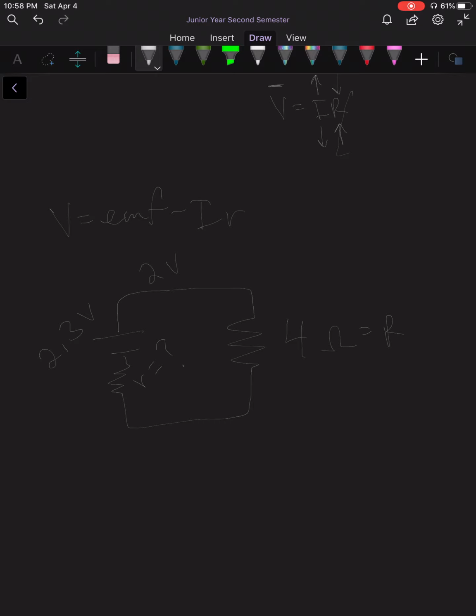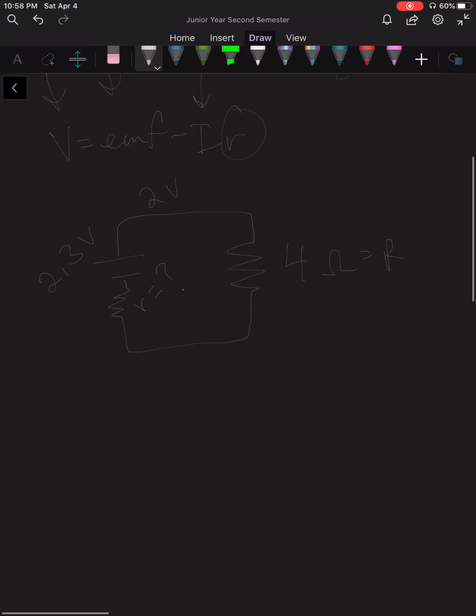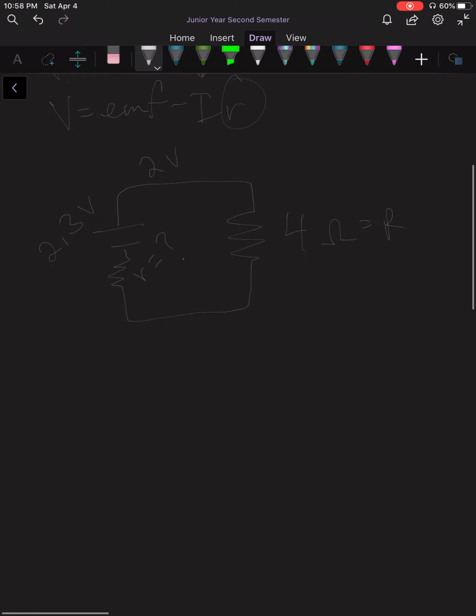Okay, so now when we're going about this problem, we have to find what the total current of the system is, and then we can use that. We have our terminal voltage, we have EMF, then we can find our internal resistance of the battery. Let's show that equation. So we're just going to use Ohm's law, V equals IR, since we're trying to find this.